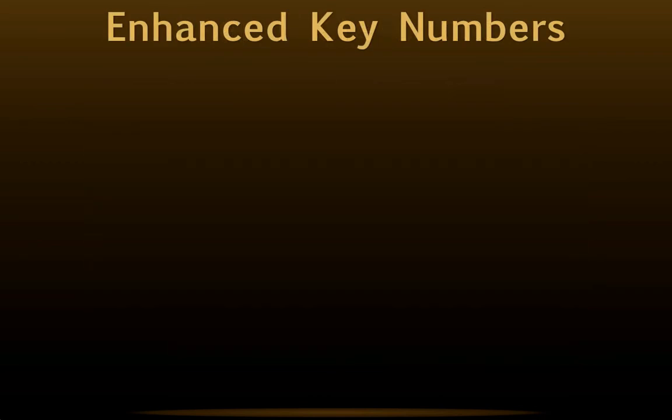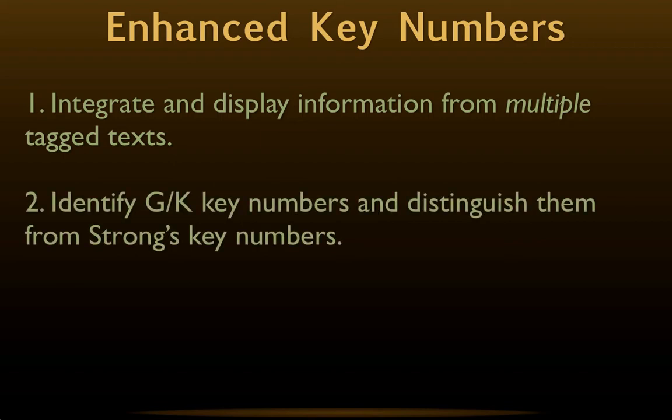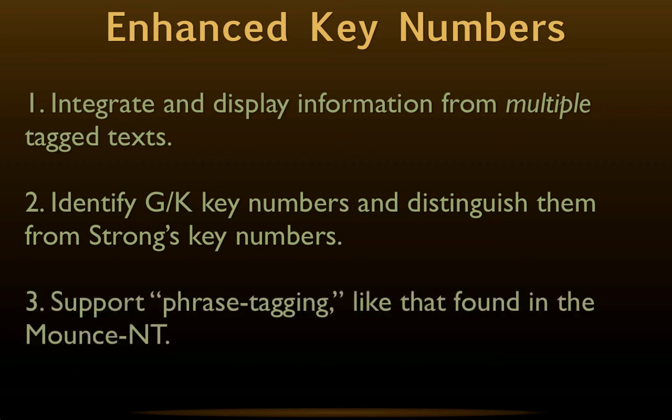Let's step back a moment and review. Accordance 9.5.1 adds enhanced key numbers to our suite of Bible study tools. This enhancement includes three separate functions: the ability to integrate and display information from multiple tag texts, identify GK numbers and distinguish them from Strong's key numbers, and support phrase tagging, like that found in the Mounce New Testament.